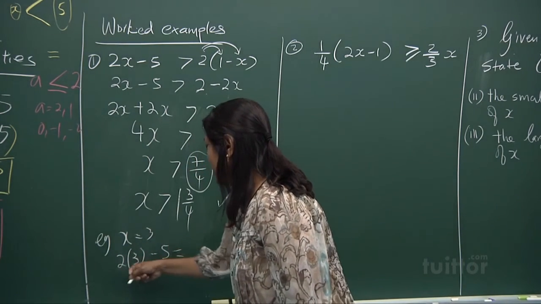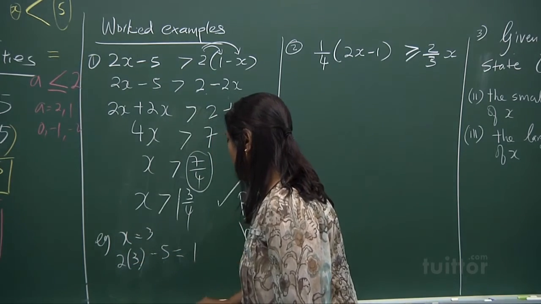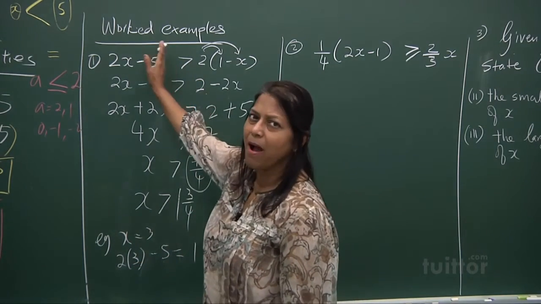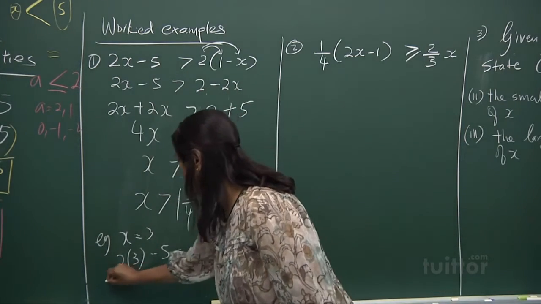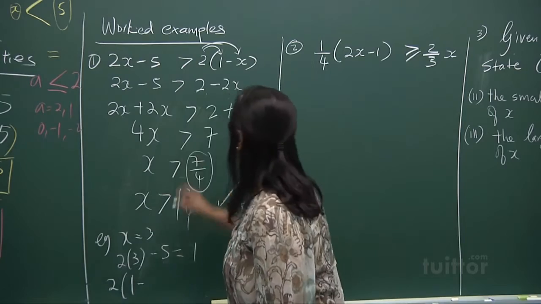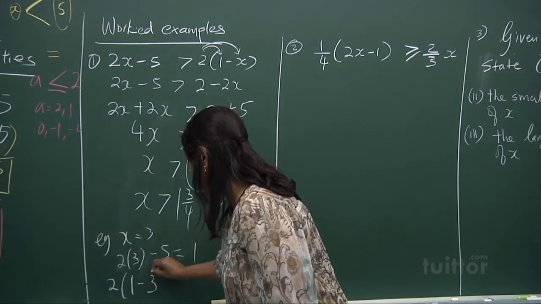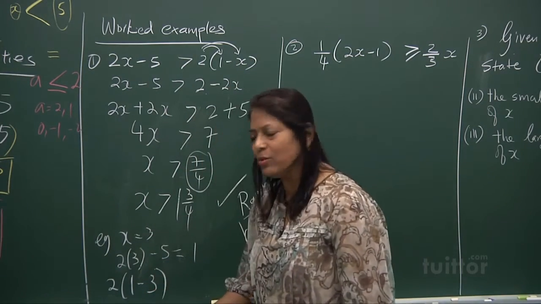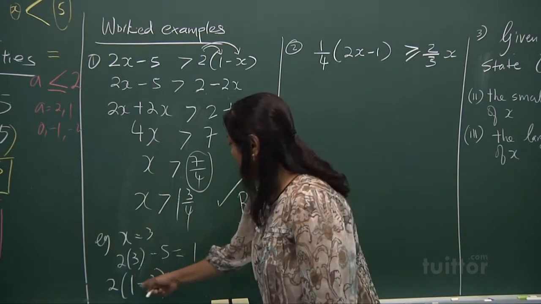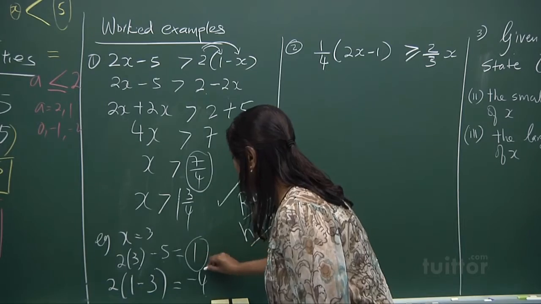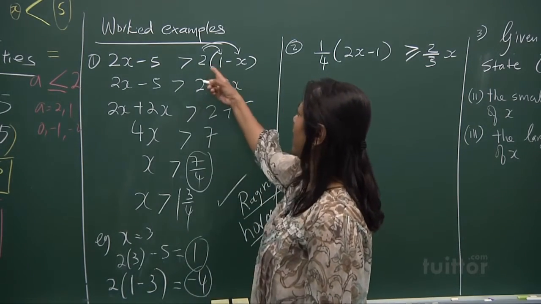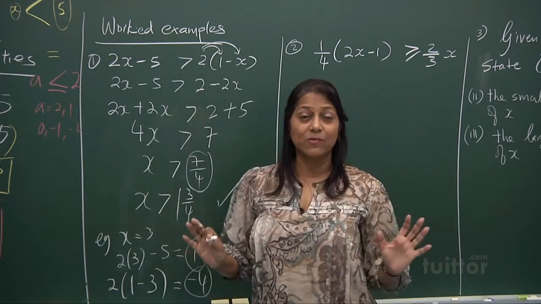What do I get? 6 take away 5, I get a 1. This is my left-hand side. Let's look at the right-hand side. 2 times 1 minus X, 1 minus 3. What do I get here? Minus 2, right? 1 take away 3. Minus 2 times 2 is a minus 4. Isn't this bigger than that? Yeah, bigger. So it satisfies.